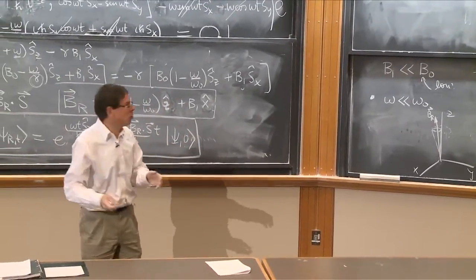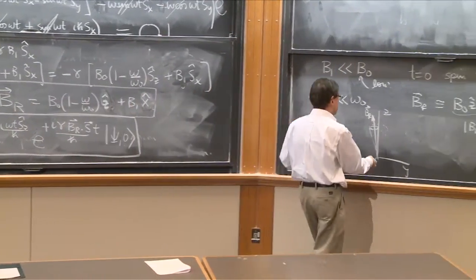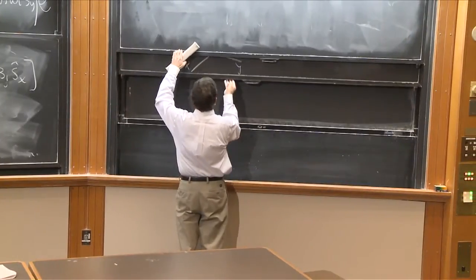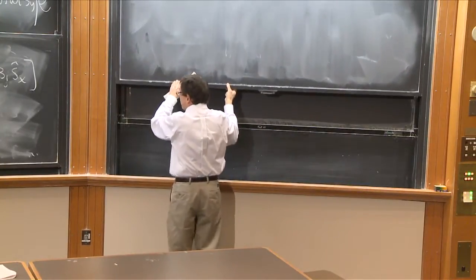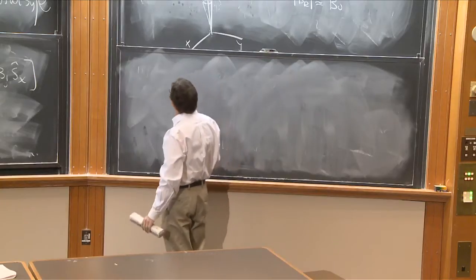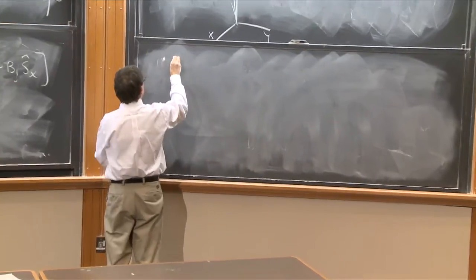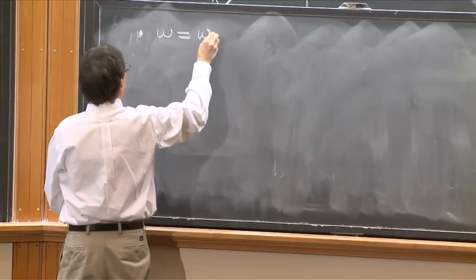OK, now let's do the case that is really the important one. The case, as you could imagine, in which we do some resonance and omega is set equal to omega naught.